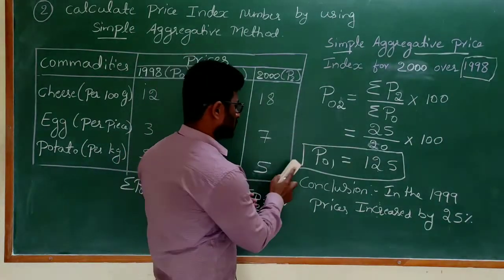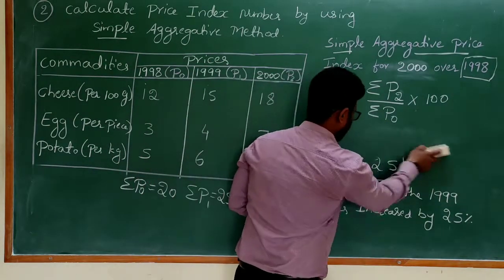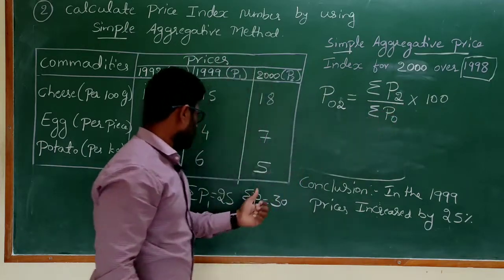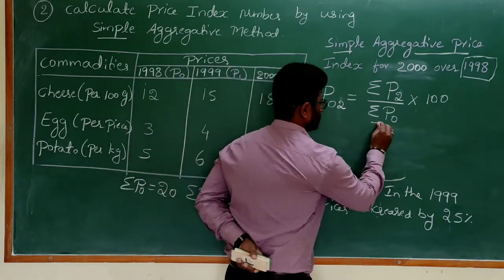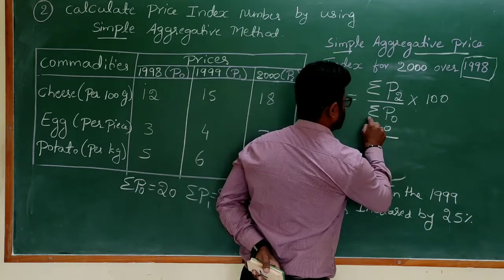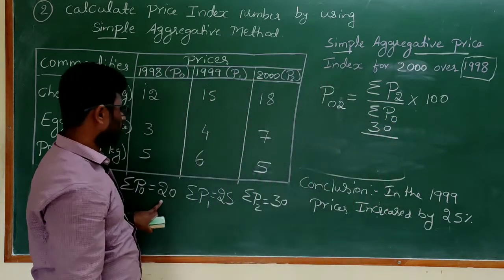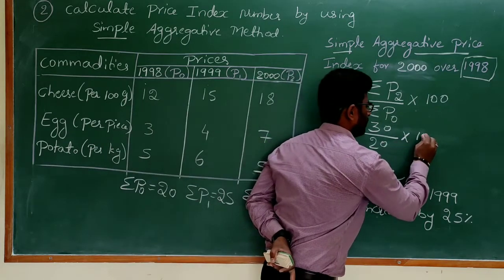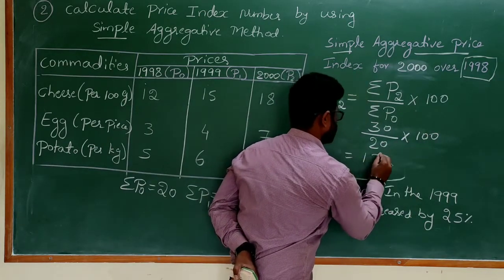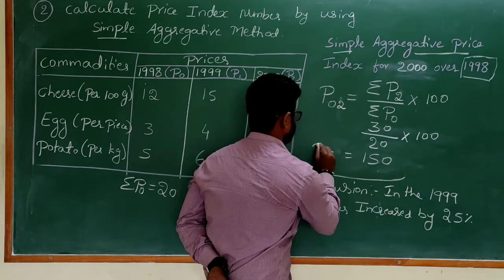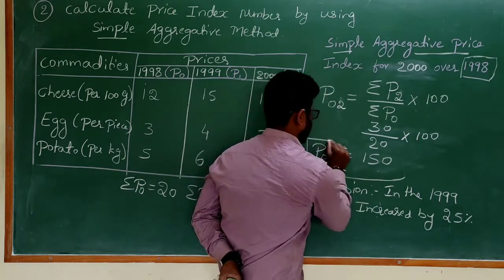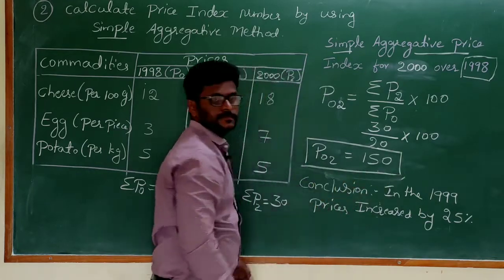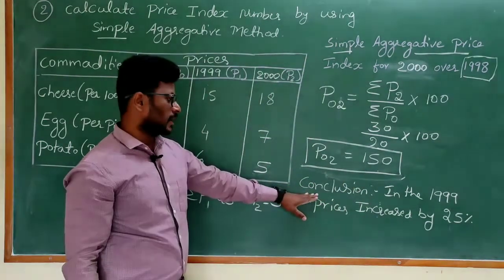Let us know how to solve. Summation of P2, the value is 30, divided by summation of P0, the value is 20, into 100. We will get 150 as the answer. Here we should give a conclusion.